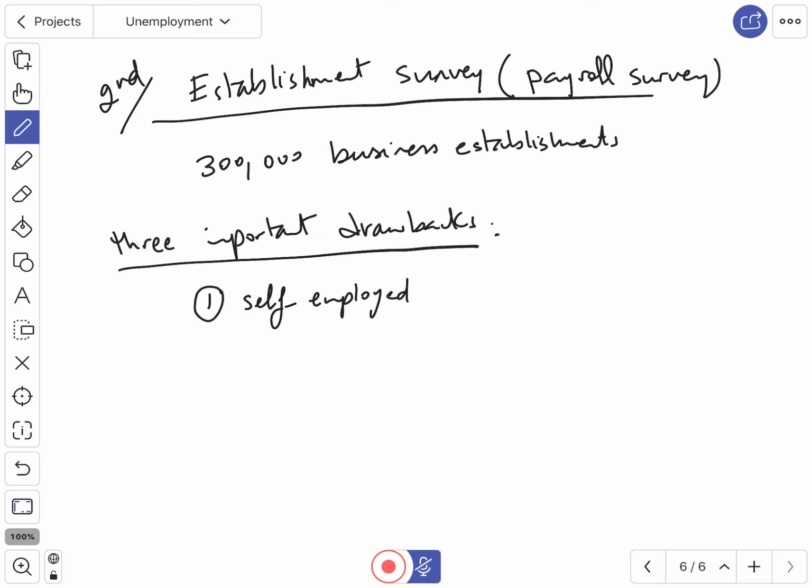Self-employed people are not included because they are not on the payroll of anyone. They are working, but they are not part of this establishment survey. Also, if you have just received your job, you might not be on the payroll right away, so the survey might miss you. It might miss some persons employed in newly opened firms, or people who just received their job. So those people are not counted.